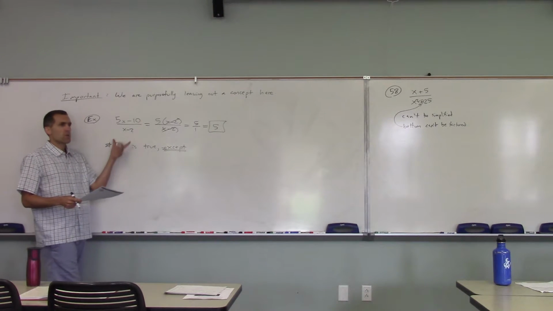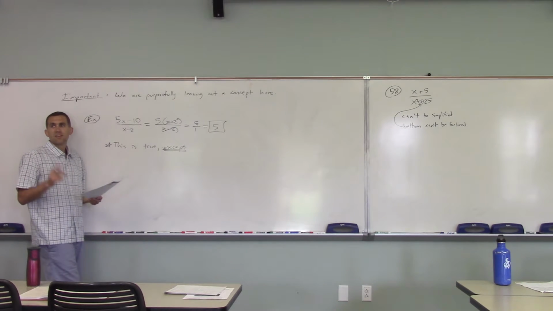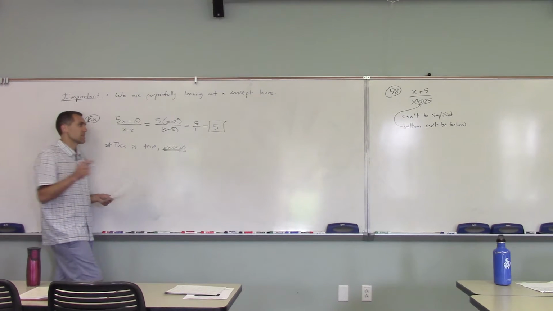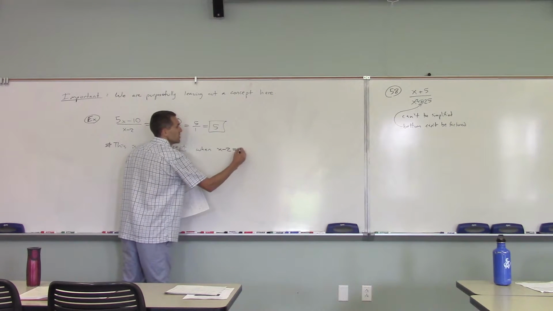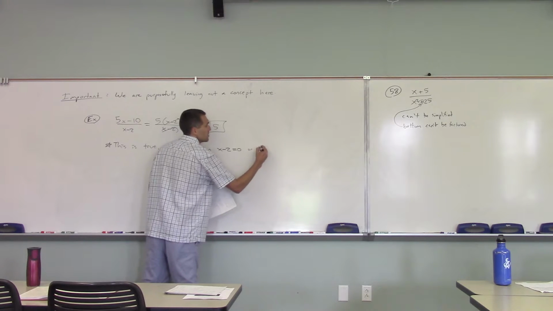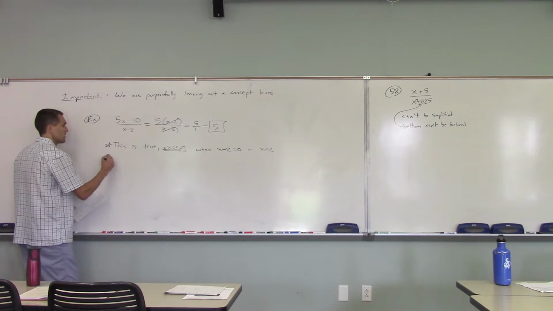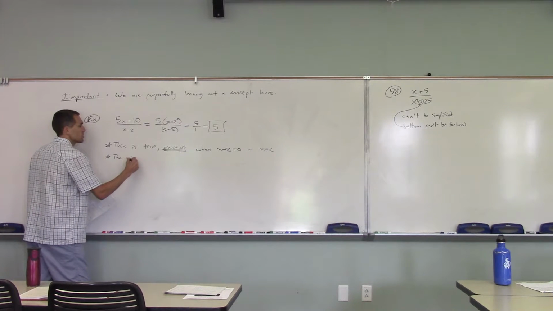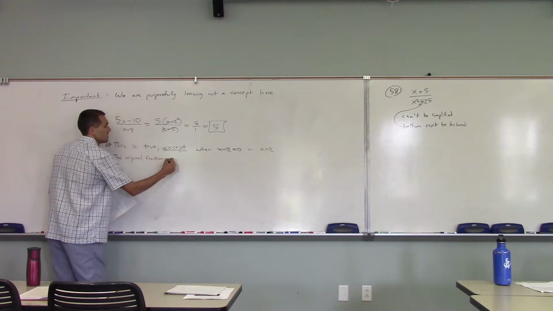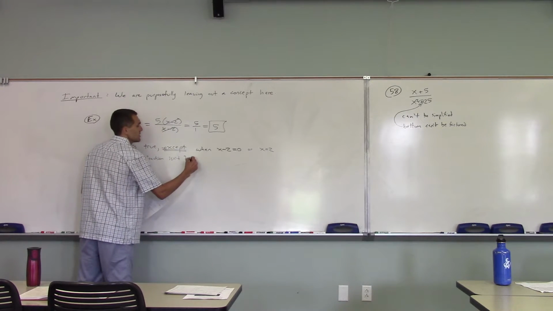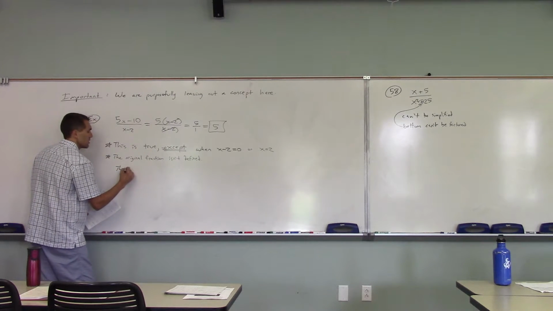Looking at the original problem and thinking about the golden rule of mathematics. If the bottom is equal to 0, except when x minus 2 equals 0, or x equals 2, okay? The original fraction isn't defined.